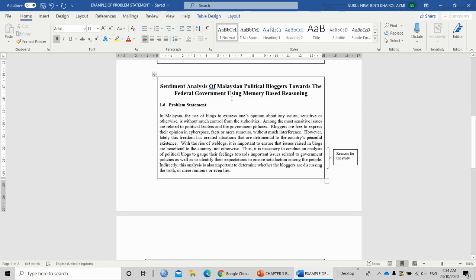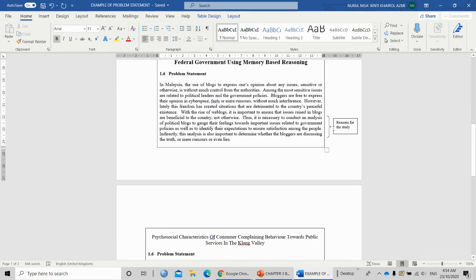towards the federal government using memory-based reasoning. Okay, so mesti kena ada reason for study lah. For example here, thus it is necessary to conduct an analysis of political blogs to gauge their feelings towards important issues related to government policies, as well as to identify their expectation to ensure satisfaction among the people.